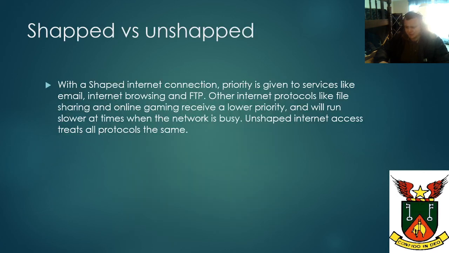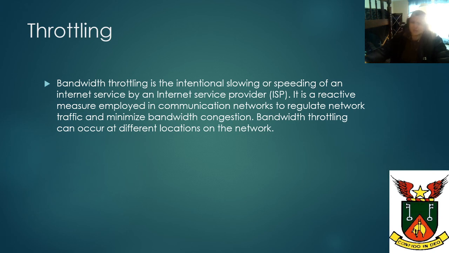Then I quickly want to talk to you about shaped and unshaped services. We talked about shaped services, where we give priority above other services on the internet. The one that I want to stand still at and spend a few moments with is throttling. That is where that cheap ADSL package that I've got comes in.